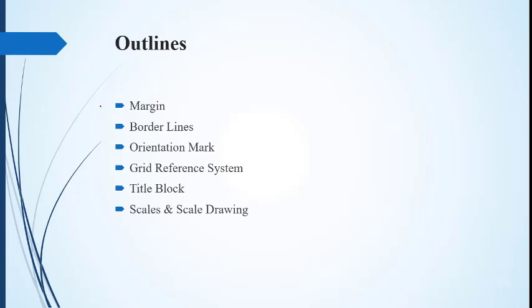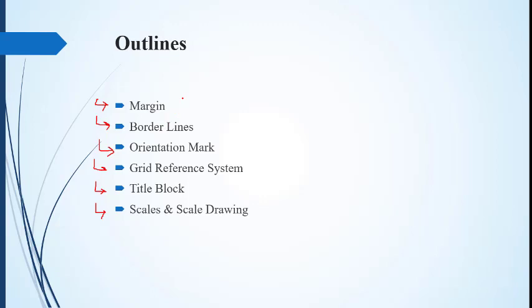The second one is border lines. The third one is orientation mark. The fourth one is grid reference system. The fifth one is title block, and in the last, scales and scale drawing. So these are the outlines of today's lecture.